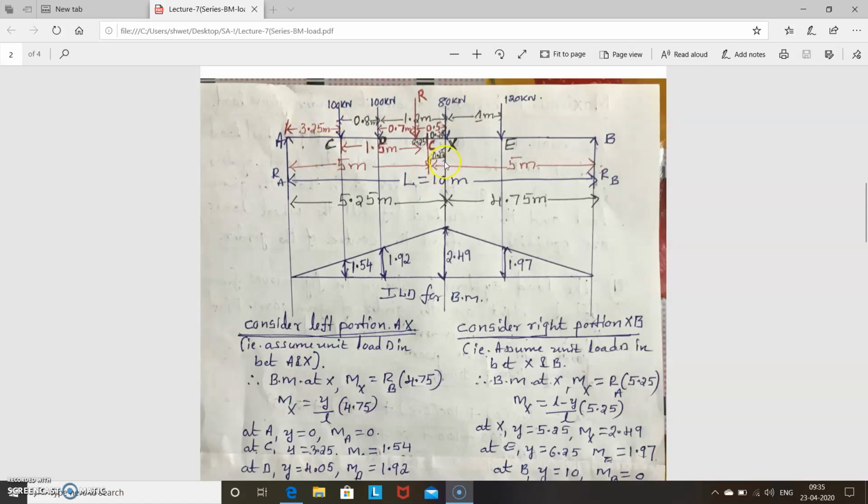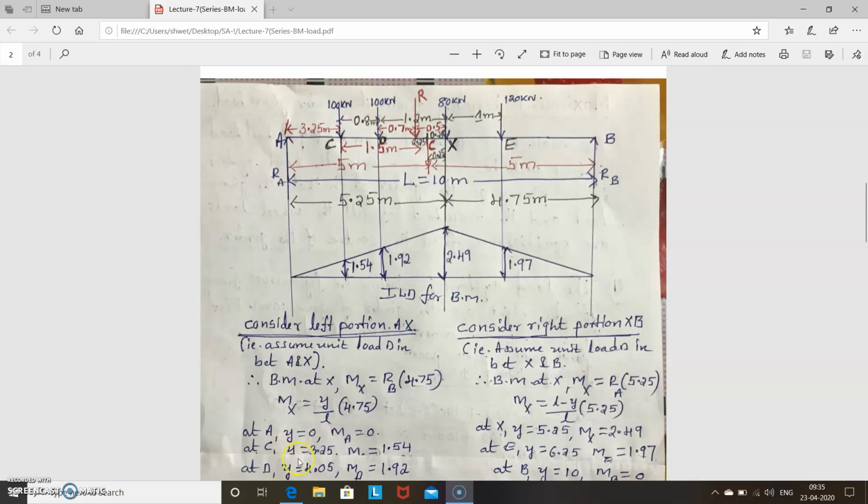Till here it is the section, it is 5.25. So 5.25, this distance you know. What is this distance? 5.25 minus 0.8 minus 1.2, that gives 5 minus 0.25 minus 2, that is equal to 3.25.